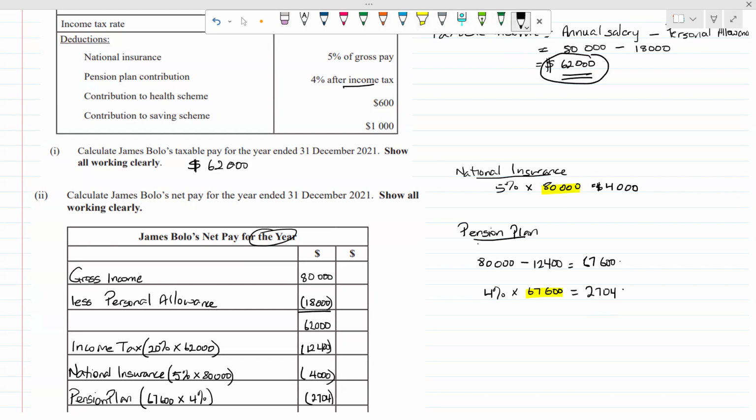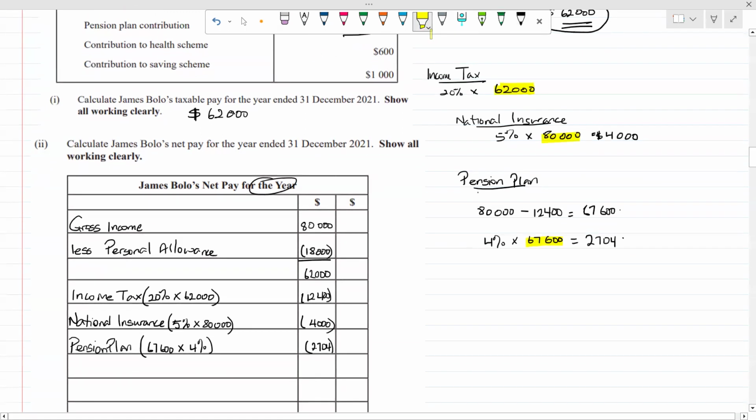When you're doing the tax, we're doing 20% multiplied by 62,000. So you have to make sure you have the correct figures that you find the percentages of. Yeah? The last two, your contribution to health scheme and contribution to savings scheme, are easy because they give us the figures there.